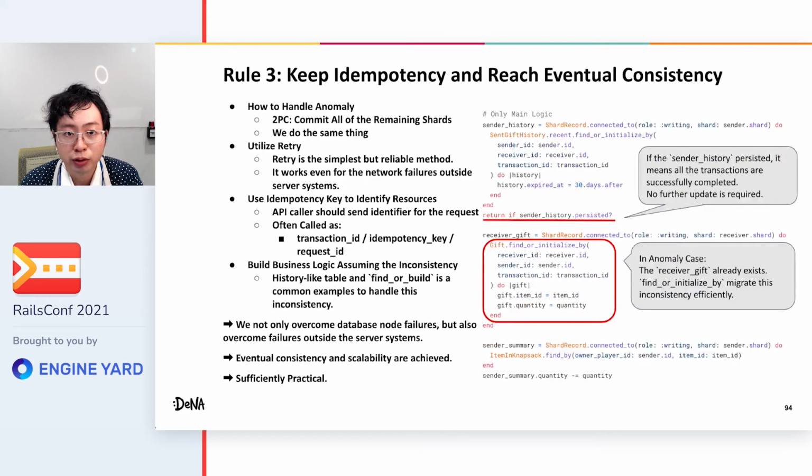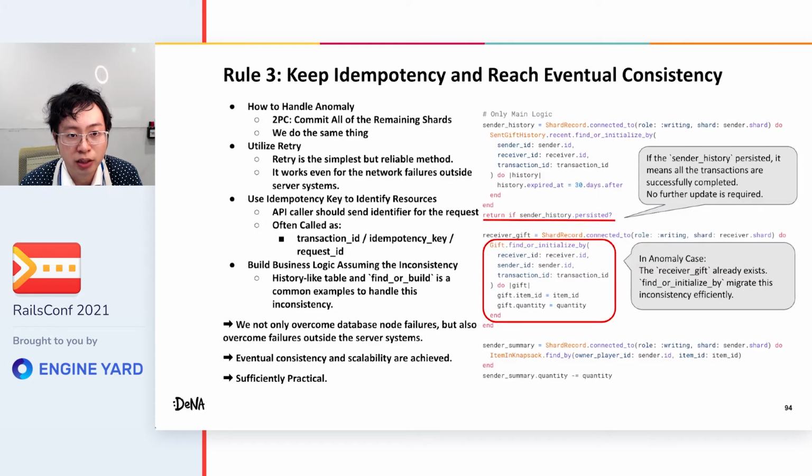Then, here comes Rule 3. Keep idempotency and reach eventual consistency. The proposed solution utilizes retry because retry is the simplest but reliable method. Actually, it works even for the network failures outside the server systems. In order to utilize retry, we have to use an idempotency key to identify the resources.